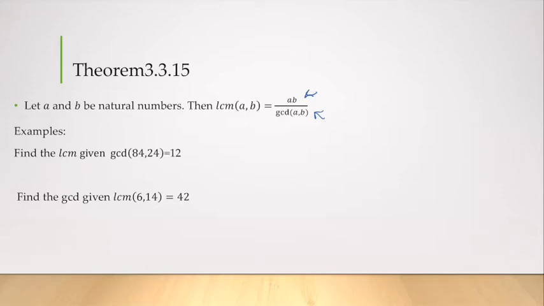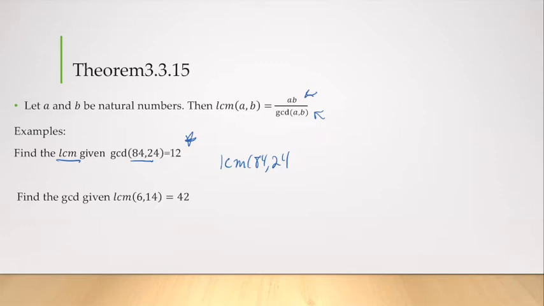So let's find the LCM of 84 and 24, given that the GCD is 12. This is something that we solved for earlier. So I want to find the LCM of 84 and 24.